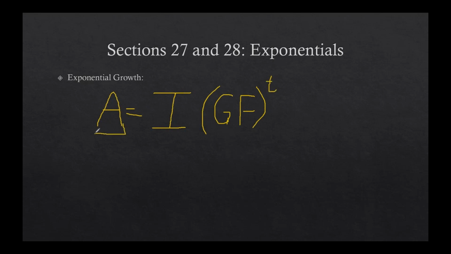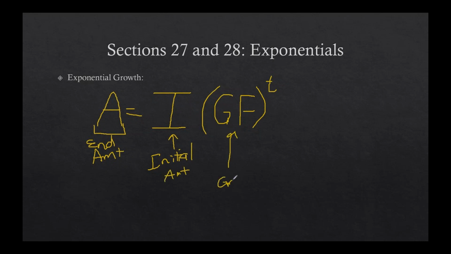So this A stands for the end amount, how much we're going to end up with at the end, which makes sense because it's all by itself. The I stands for the initial amount. I guess I could have used B for a beginning amount, whatever. It's what you start with.